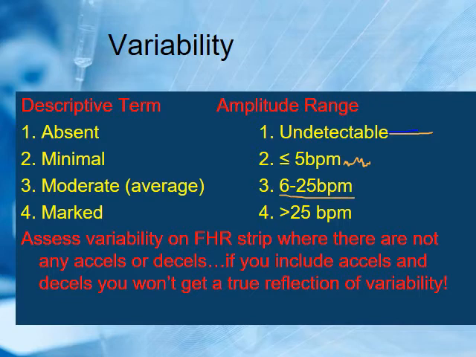So I said 5 to 15, go up to 25 beats per minute on that. Nice, healthy variability, and marked is greater than 25 beats per minute. And you assess variability on the strip where there are not any accels or decels, which we'll show you. If you include accelerations and decelerations, you won't get a true reflection of variability. So we haven't yet talked about accelerations and decels, but we will.